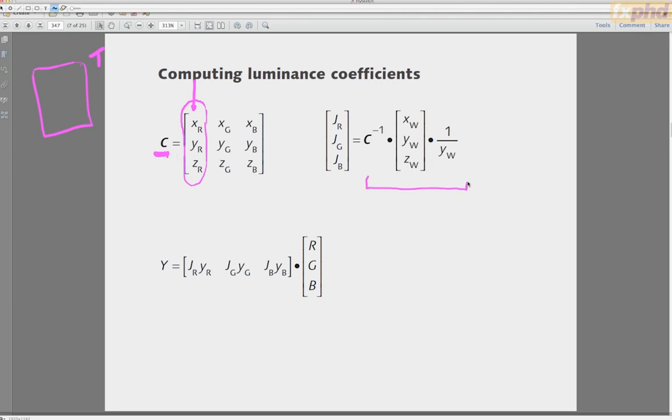Then you go and do a little bit of linear algebra incorporating the white point. So we're incorporating little x, little y, little z of white.